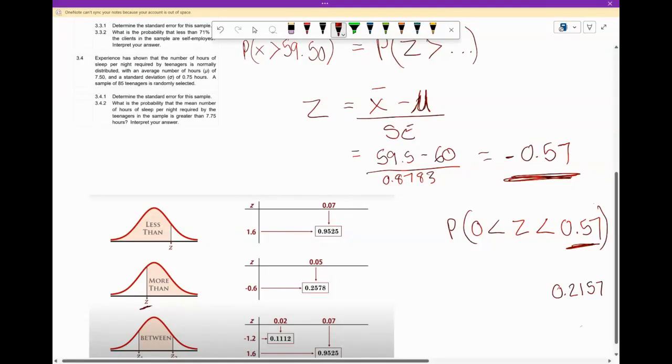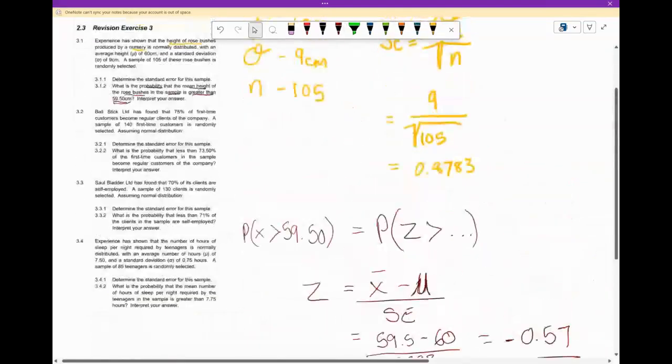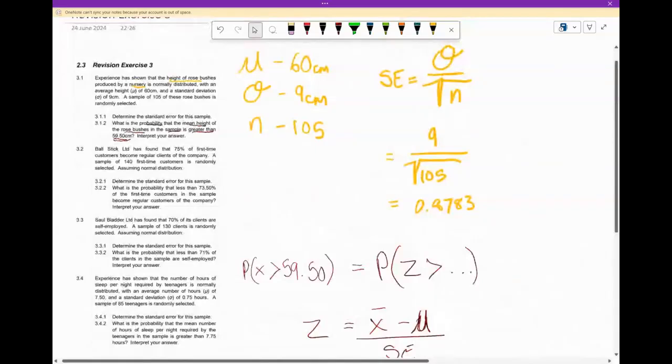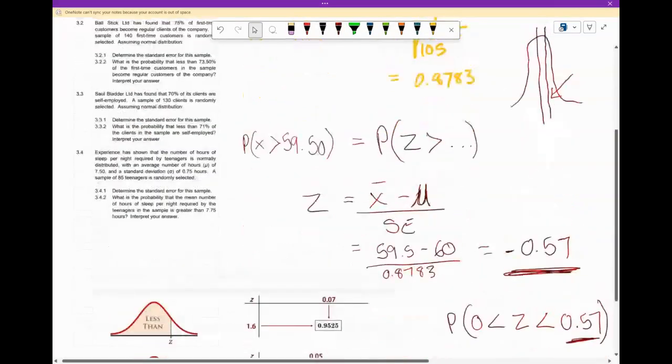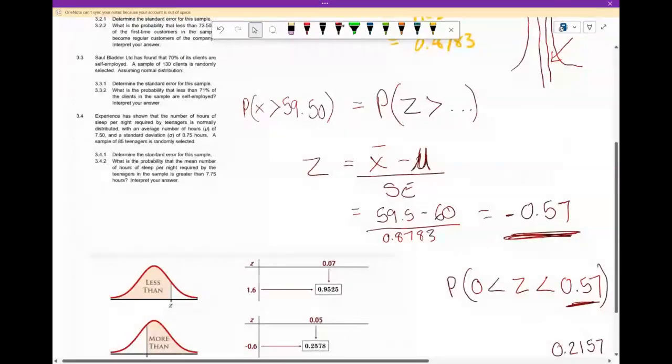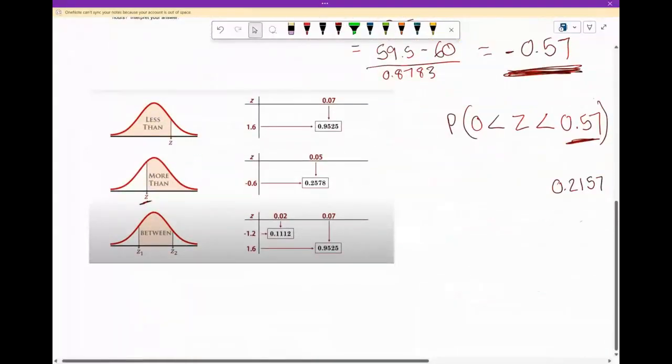Okay, so remember here we were looking for greater than. We know that when we look for greater than, we're looking for the space over here. We've established this already. But again, because we had a negative z-score, we just assumed a positive one because of symmetry.